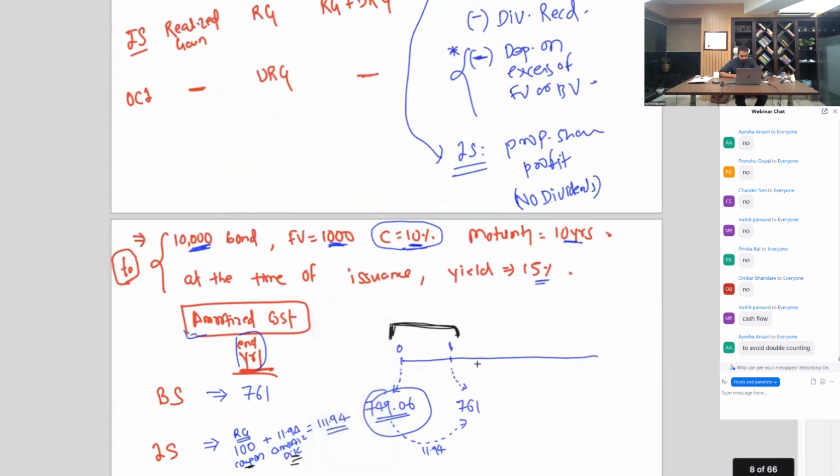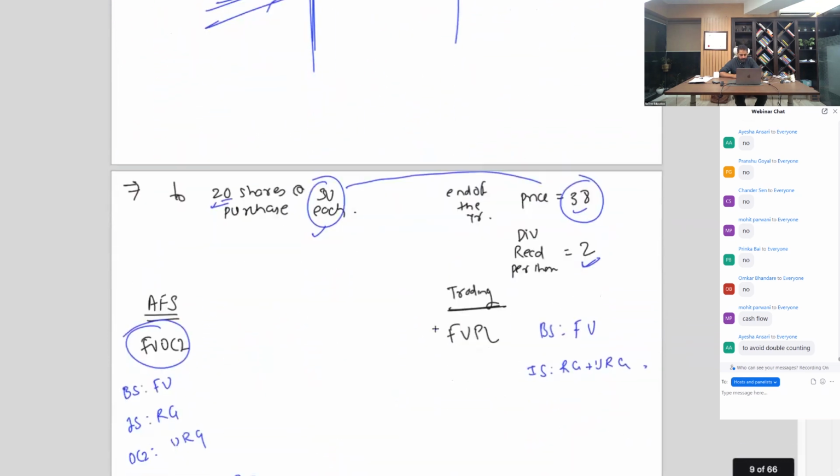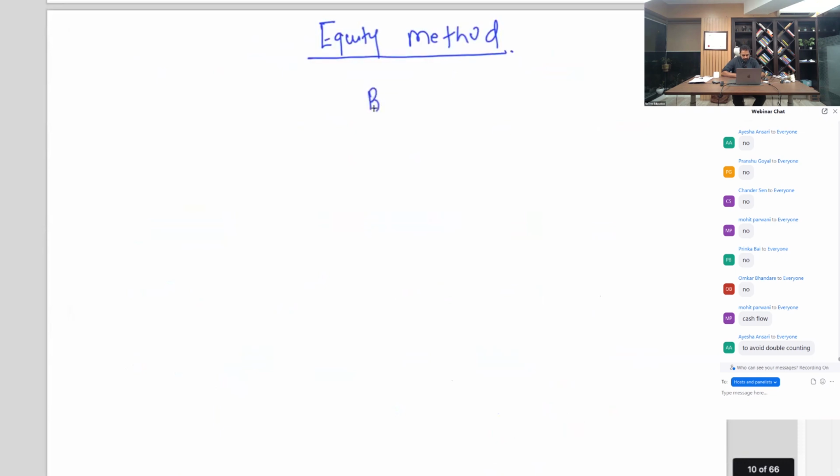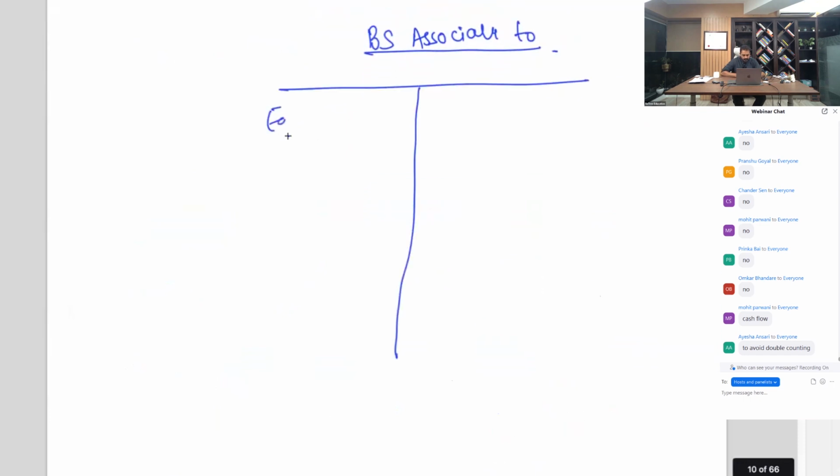Let's do an example. Let's see if we can solve a question here on equity method. Since I'm constructing a question, I'll try to create one for us. This is the balance sheet of the associate at time 0. Let's say they have equity of 1,000. They have debt of 1,000.